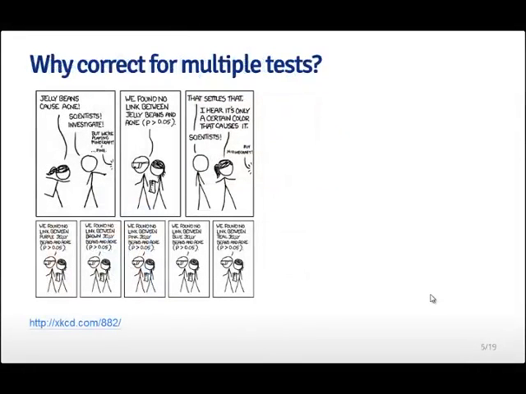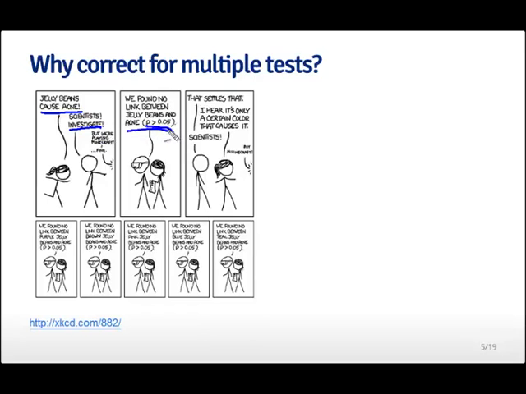So why should we correct for multiple tests? This is actually a cartoon to describe the key problem that you run into. Suppose that you were looking at a particular analysis where you wanted to see if jelly beans cause acne. So you send off a bunch of scientists to investigate, and they first look at just all jelly beans, and they see if people eat any kind of jelly beans, whether they get acne or not, and their p-value comes back greater than 0.05.